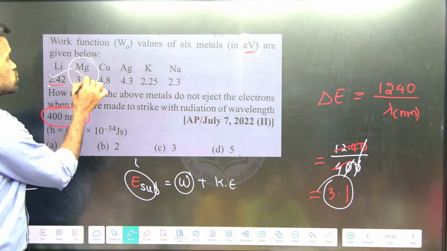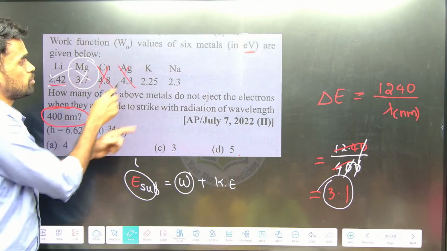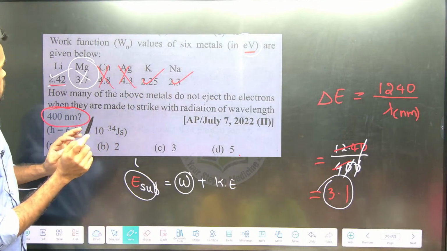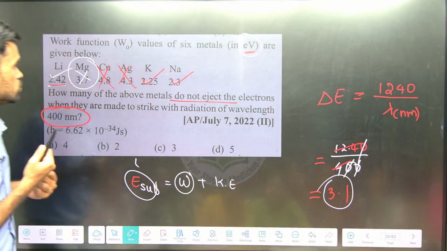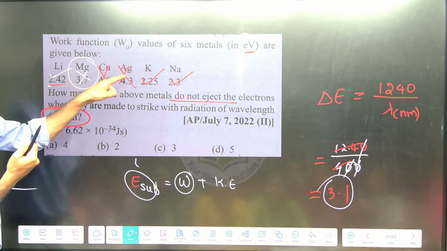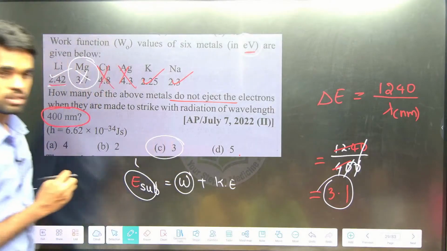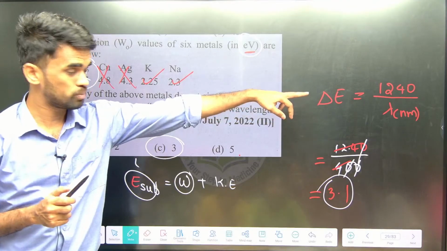Next, what about this? No. What about this? No. What about this? Yes. What about this? Yes. Now what are they asking us? Which do not show the photoelectric effect. Who are those? 1, 2, 3: magnesium, copper, silver. So the answer is C. Is this clear, everyone? So what is the important formula to be remembered here?